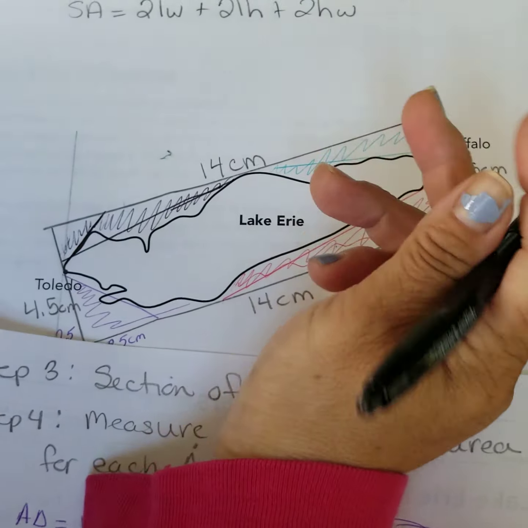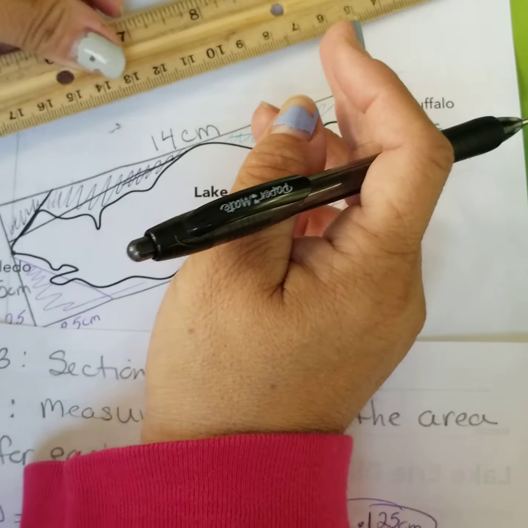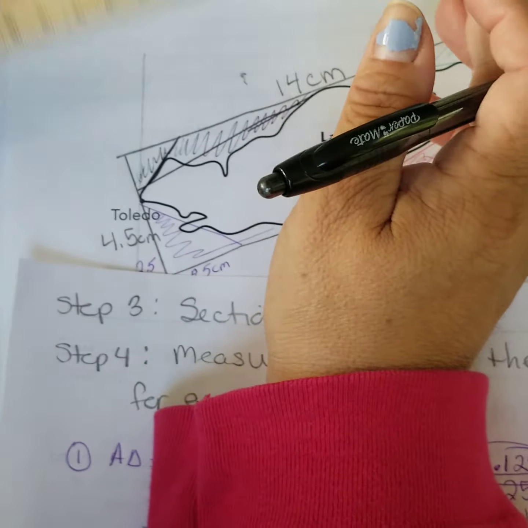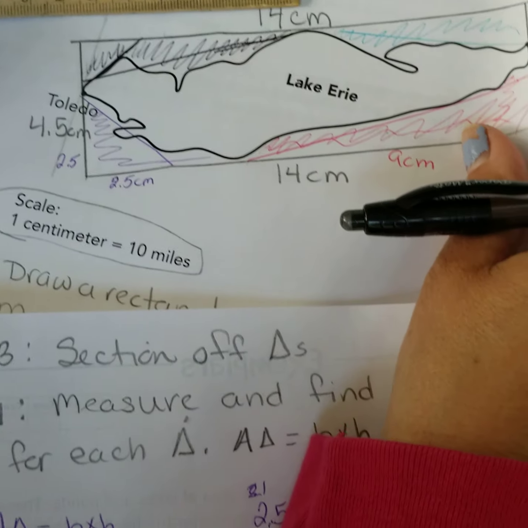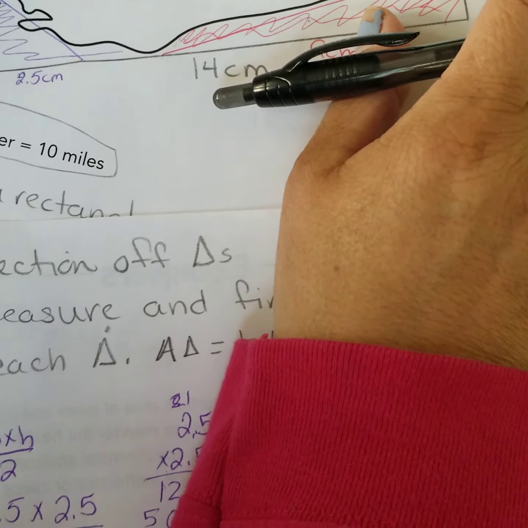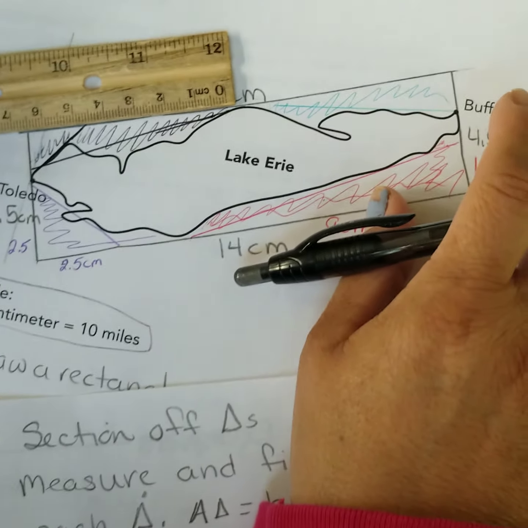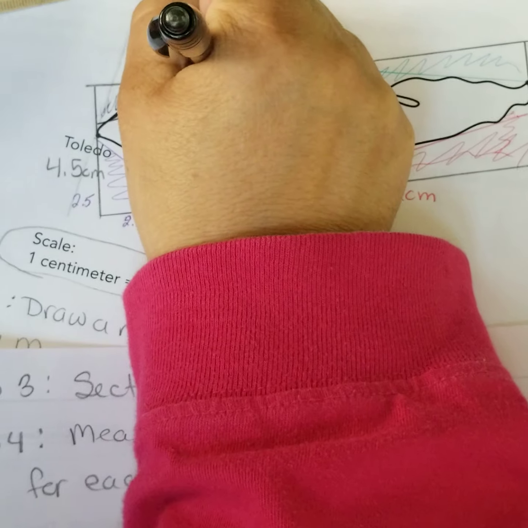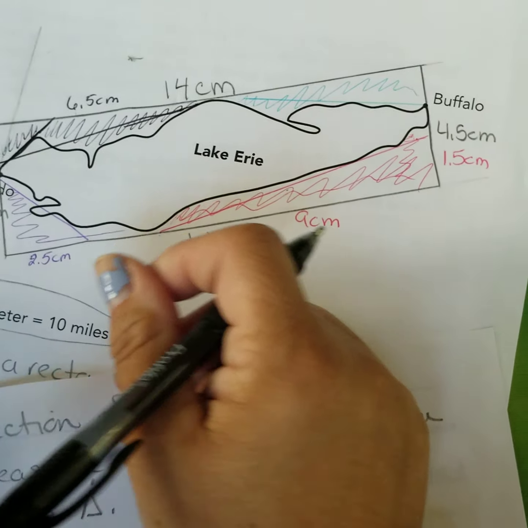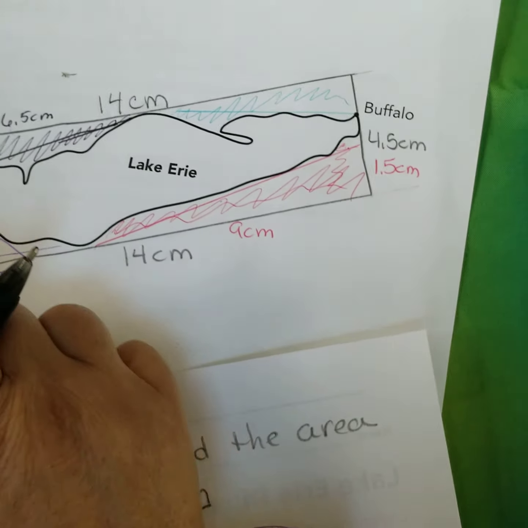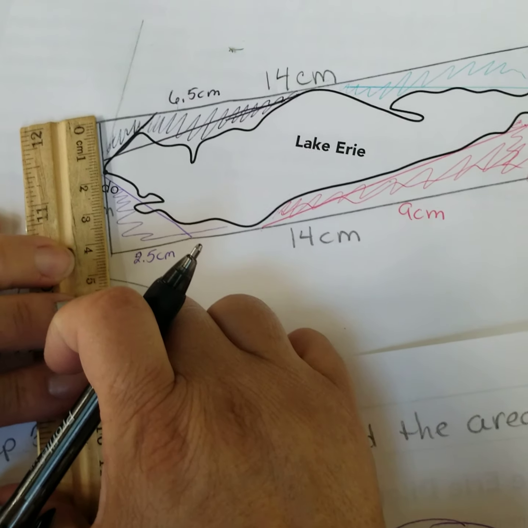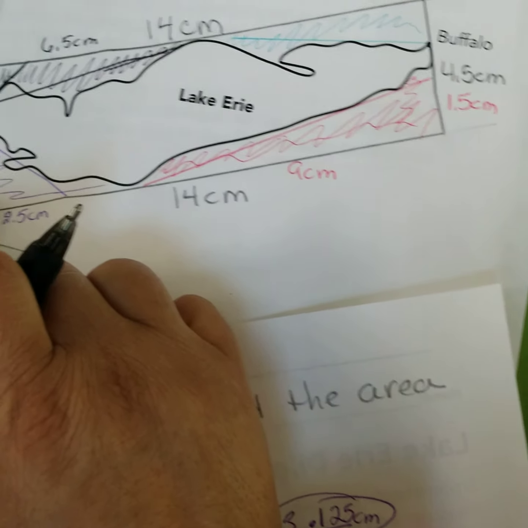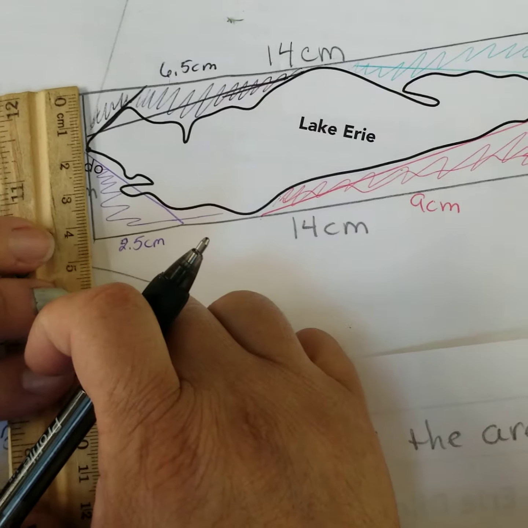Okay. So let's see. Our height then becomes 6.5. And this becomes, look at that one. Oh, no, sorry. I thought it was the same as 1.